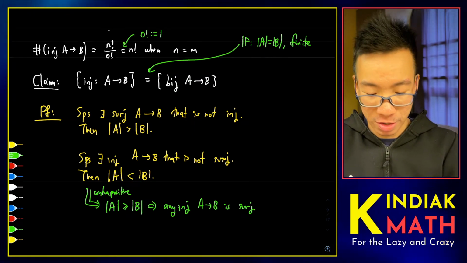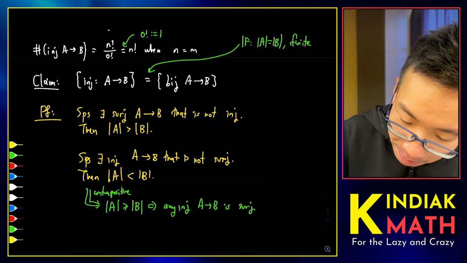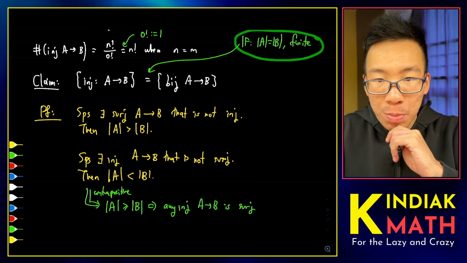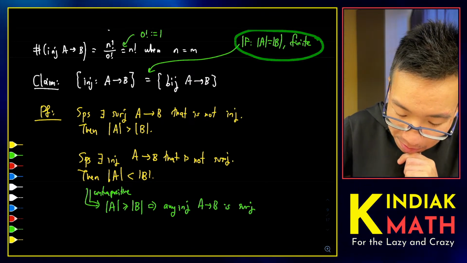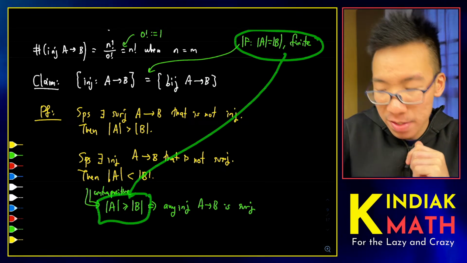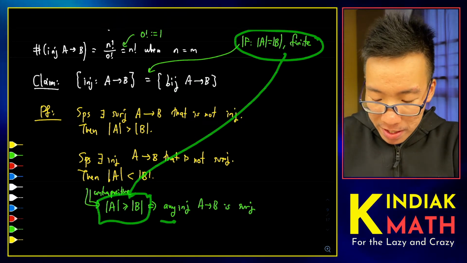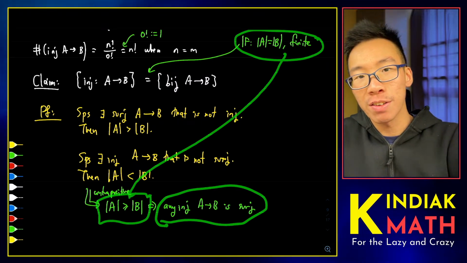Right? Any injection must be surjective. But that means if mod A equals mod B, then you definitely will get this lower bound, which means that any injection must be surjective.